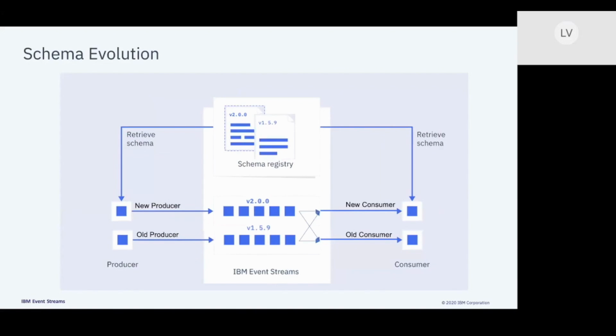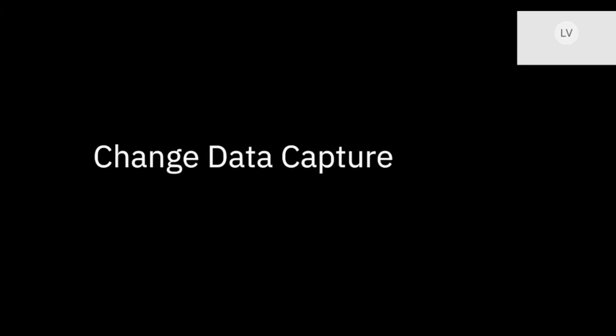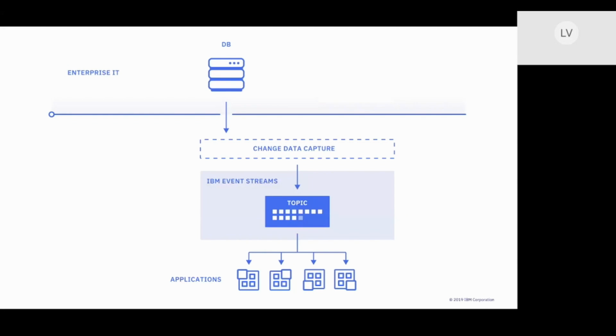What you can do with IBM Event Streams, as I told you, is manage replication of your databases and maybe migrate your data from one location to another one. This is done by change data capture, and this is not a specific technology or infrastructure. This is more a pattern of communication.